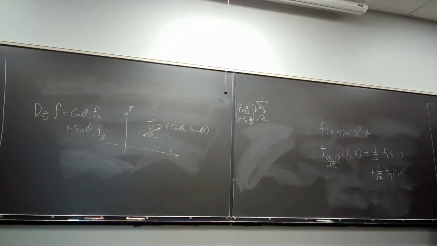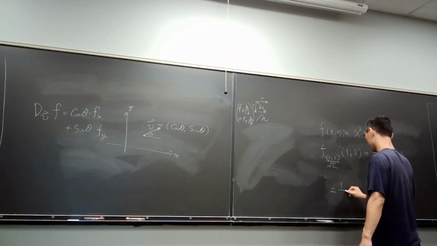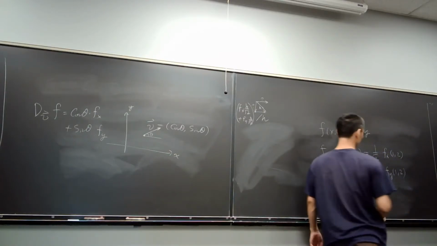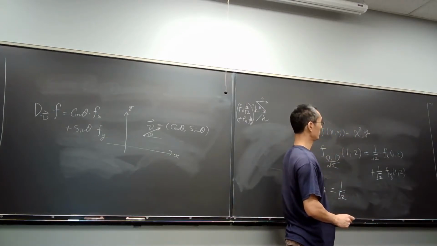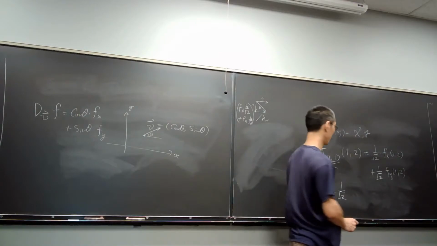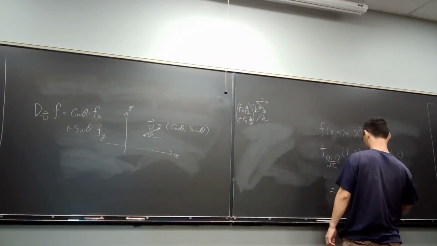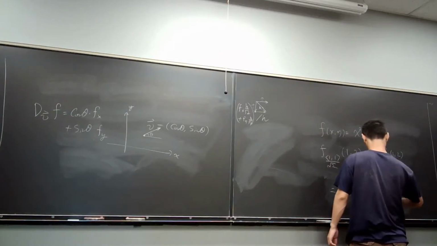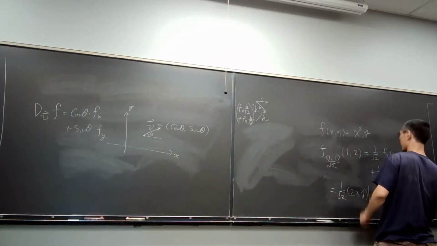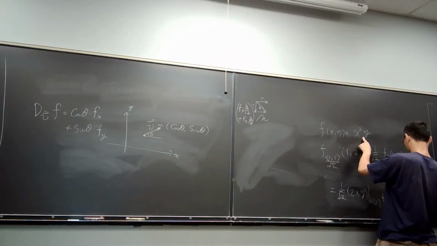Okay. All right. So what is the x derivative at that point? You have to take the derivative over x, so you get 2xy. Right. And I want the y derivative, it's just x squared.